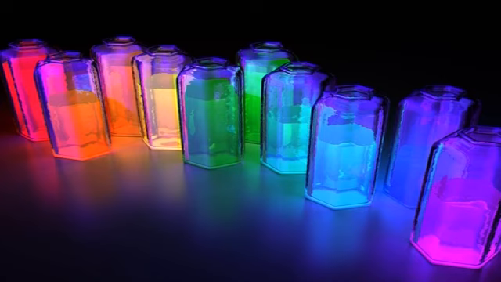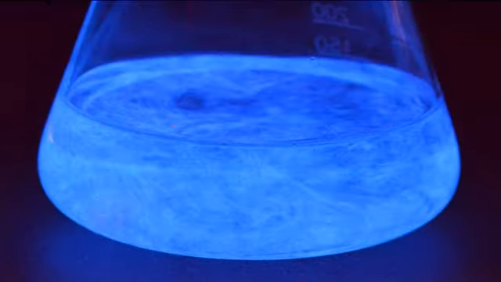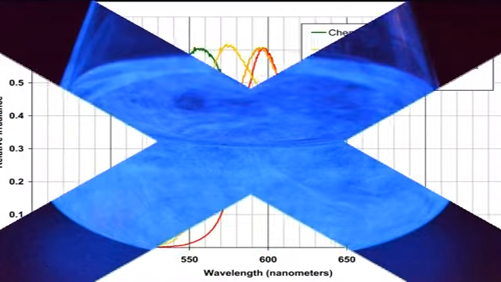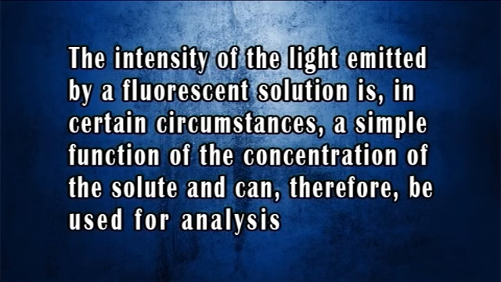In general, the light emitted by fluorescent solutions is of maximum intensity at a wavelength longer than that of the absorption band causing excitation, usually by some 20 or 30 nanometers. The intensity of the light emitted by a fluorescent solution is in certain circumstances a simple function of the concentration of the solute and can therefore be used for analysis.